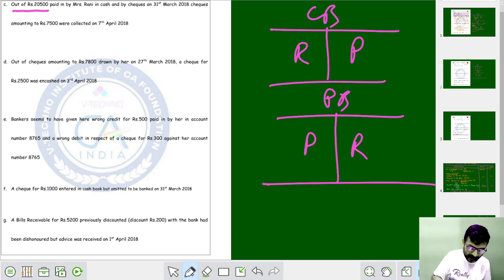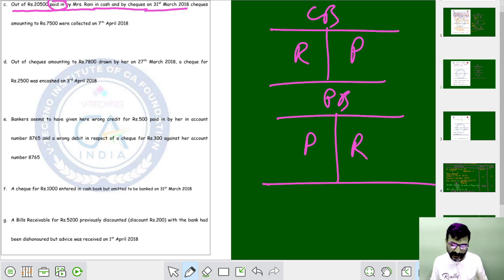This is a fundamental thing that you need to remember before starting your BRS. Out of 20,500 paid in by Mrs. Rani, paid in means what? Paid in to bank, in cash and by cheque on 31st December 2018 in our financial year, but amounting to rupees 7,500 were collected on 7th April.